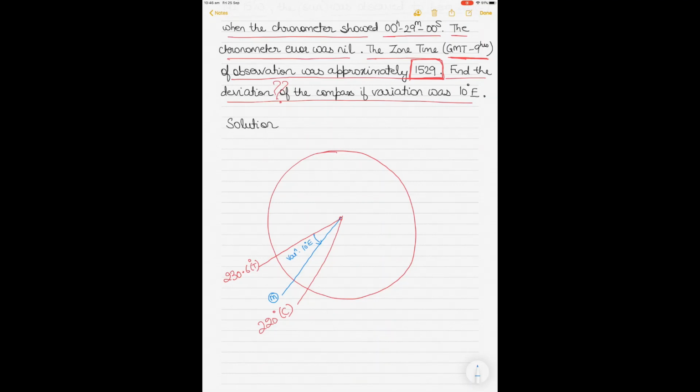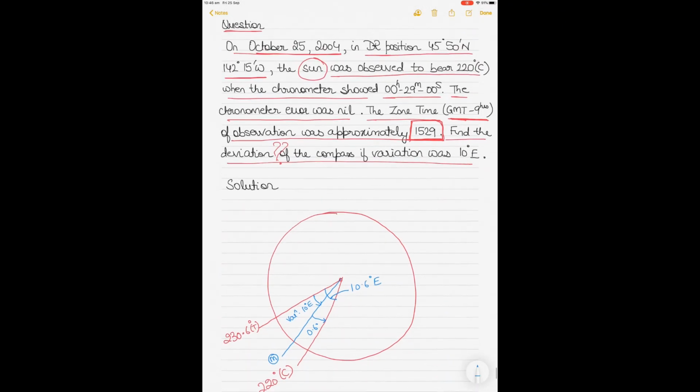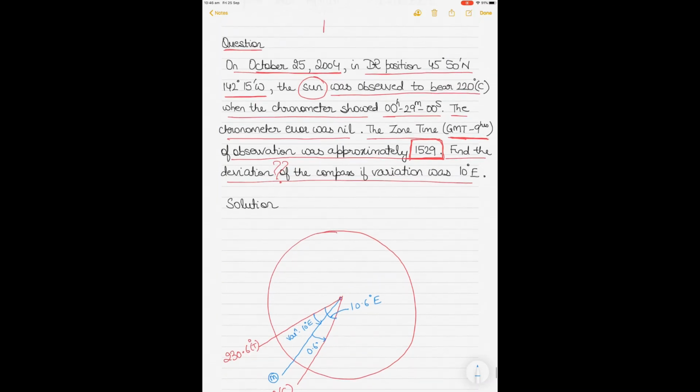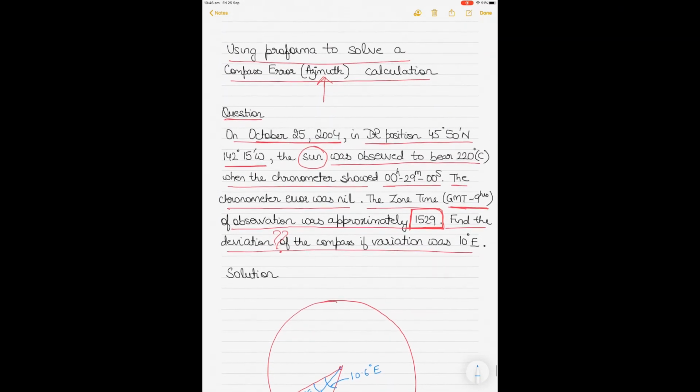Deviation is nothing but where your compass lies with respect to your magnetic bearing, which again lies to the east of the magnetic. Therefore this is 0.6 degrees, because from true to compass it was 10.6. So that's what it means in terms of visualizing or drawing it conceptually. If you don't want to use the TDM-VT rule or the cadet rule, there are so many rules you guys follow, I like to understand it conceptually.